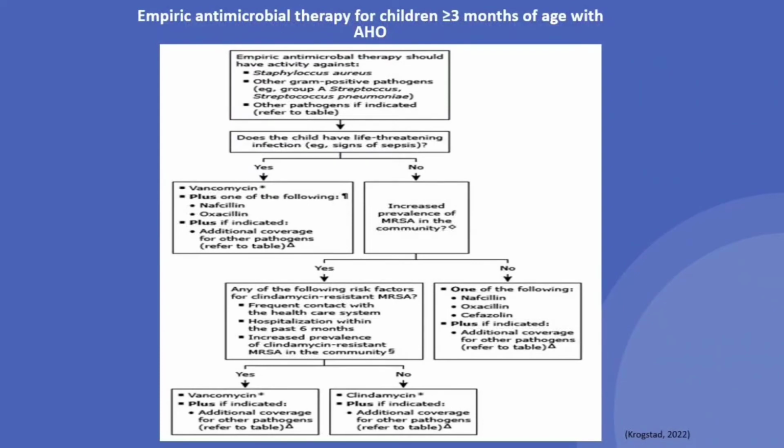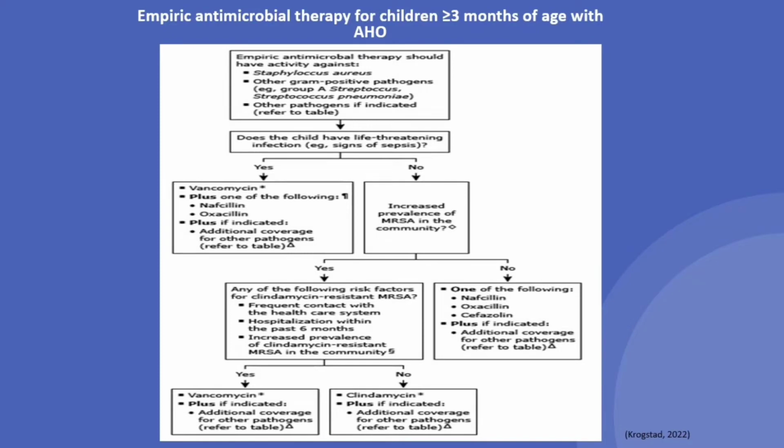Empiric antimicrobial therapy for children more than 3 months of age with acute hematogenous osteomyelitis. Empiric antimicrobial therapy should have activity against S. aureus, other gram-positive pathogens like group A Streptococcus, Streptococcus pneumoniae, and other pathogens, if indicated, listed in the table on the next few slides.